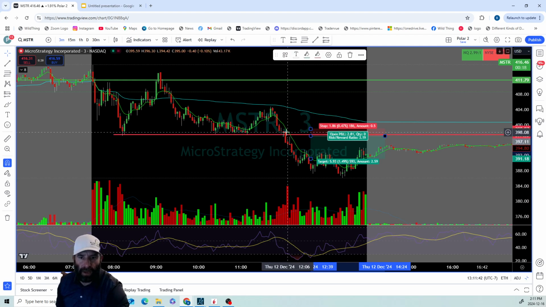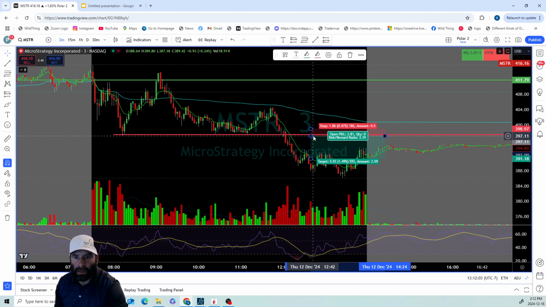I think we've got this breakout candle here, so if price got bought back above that breakdown candle, it's reasonable to think that it's probably not going to go in our direction. So if we set our stop right around the 399 area, that's basically $2 of risk.